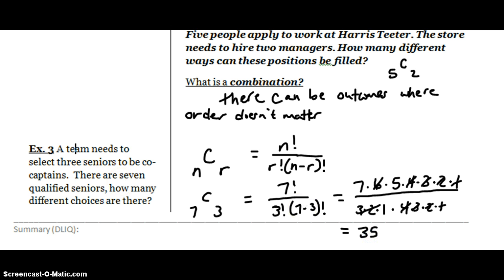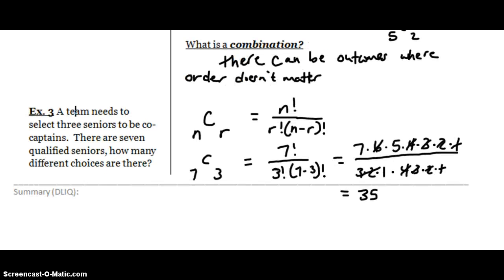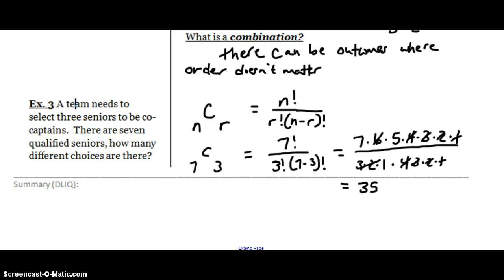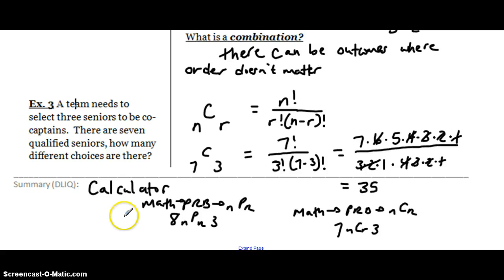Okay. There is also a third way to do these problems. And that is with a calculator. Now for the calculator, you will have to put in the n first, and then, depending if it's a permutation or combination, nPr or nCr, and then you'll put the r in.